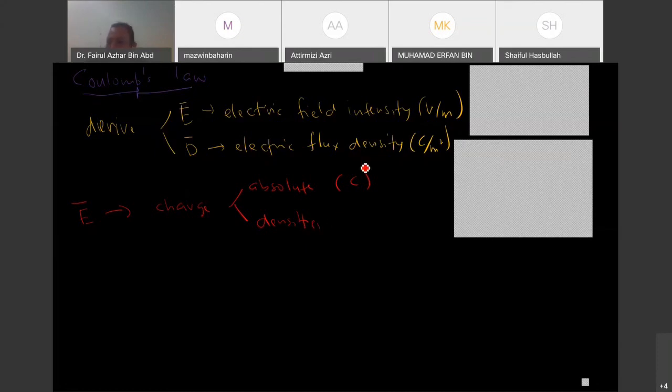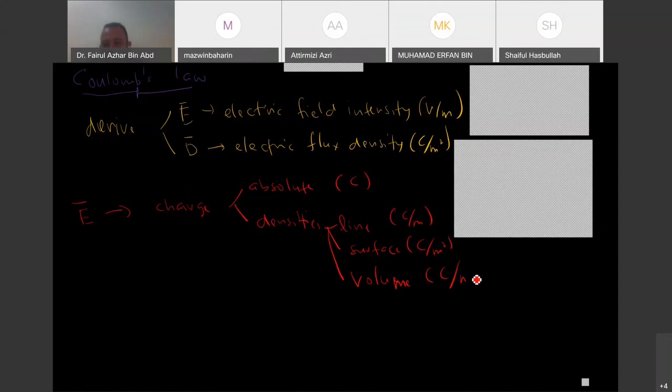The unit depends on the type of density. Let's say we have a line density, the unit is Coulomb per meter. If we have a surface density, the unit is Coulomb per meter squared. And if the charge is represented in a volume density, the unit is Coulomb per meter cubed.